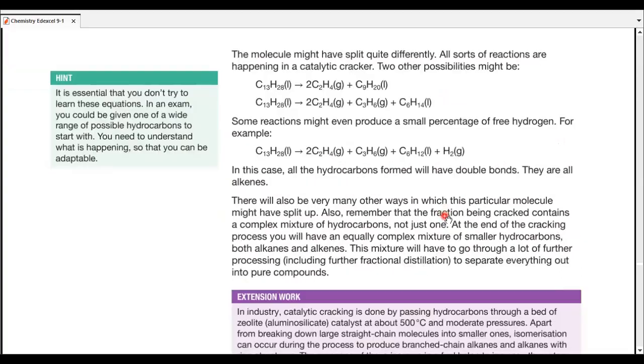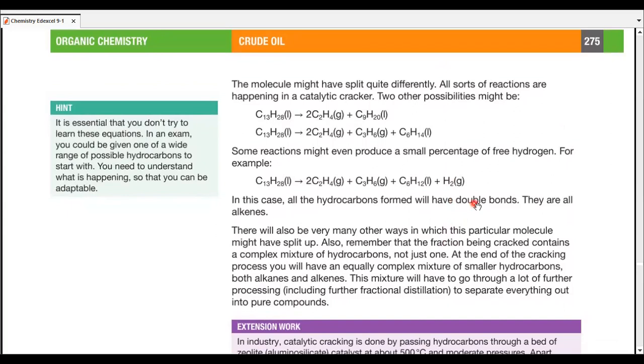So moving on, the molecule might have split quite differently. All sorts of reactions are happening in a catalytic cracker. Two other possibilities may be, take a look, alkene and alkane, alkene, alkene and an alkane, or alkenes and hydrogen.